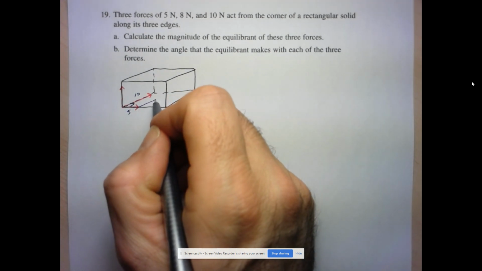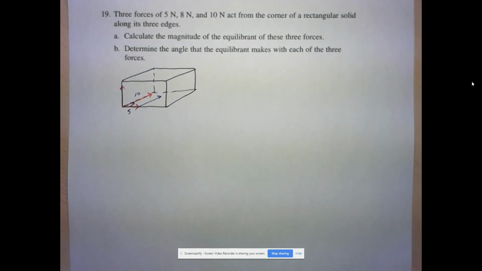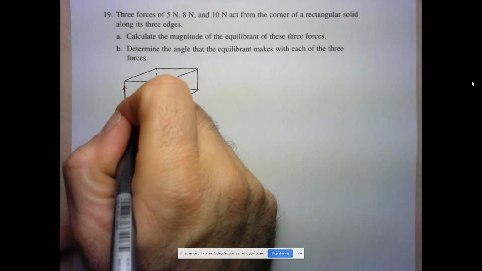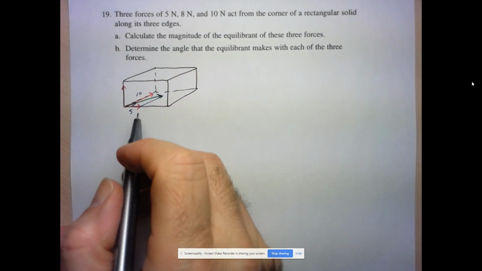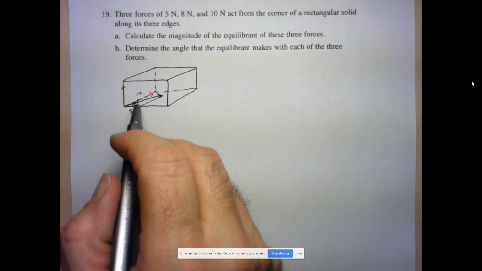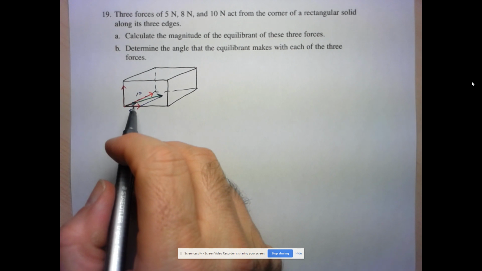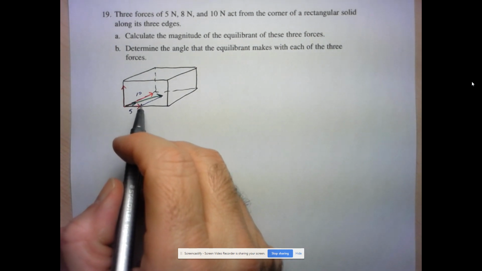So I'm going to bring this here, and this vector is going to look something like this. And you realize that we've drawn a right angle triangle, because these two vectors are 90 degrees, so even when I flip it over, it's still going to be 90 degrees.